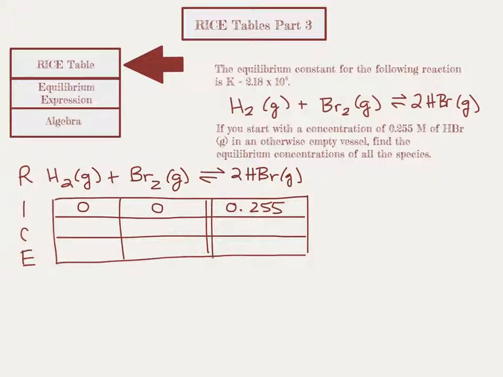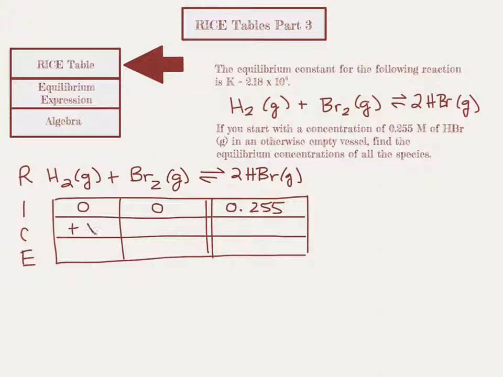Alright, now we don't have any other information to fit into my table, so I need to puzzle out how things are changing. I realize that some of my products are going to become reactants because there's really no other way to go. I do need to fill in some X values.